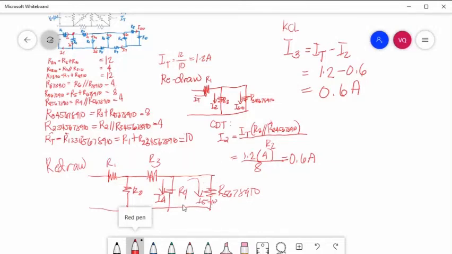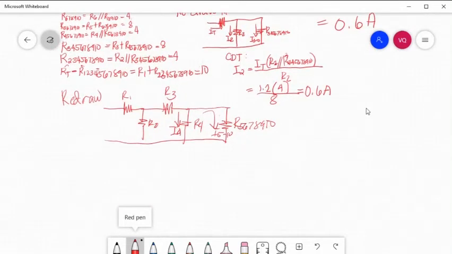So solving for I4 by CDT. I4 is equal to, what is the current supplying I4 and I5 to 10? So it is your current I3.